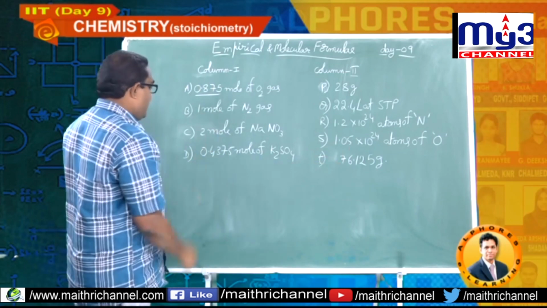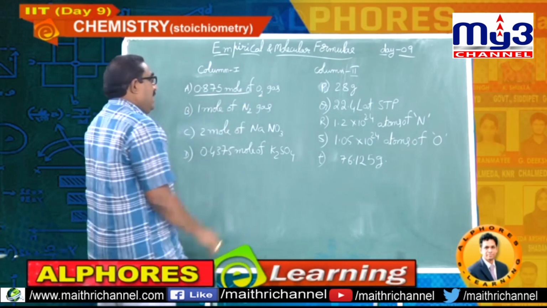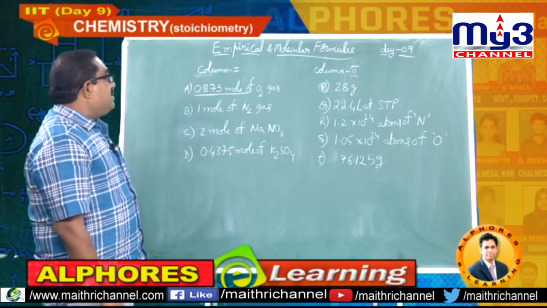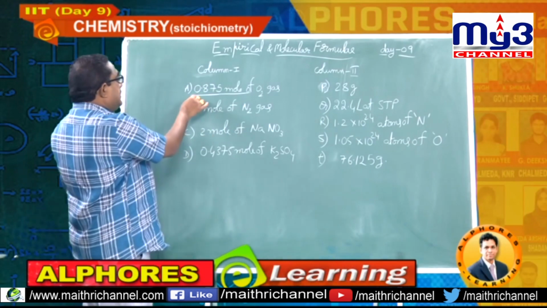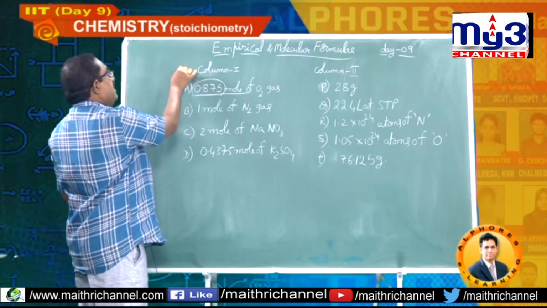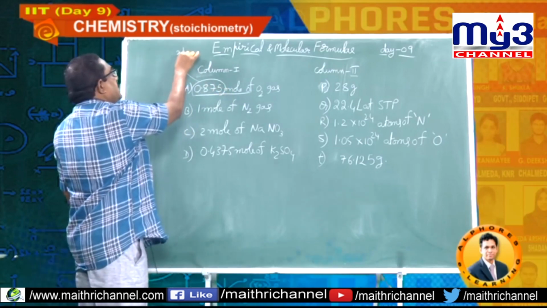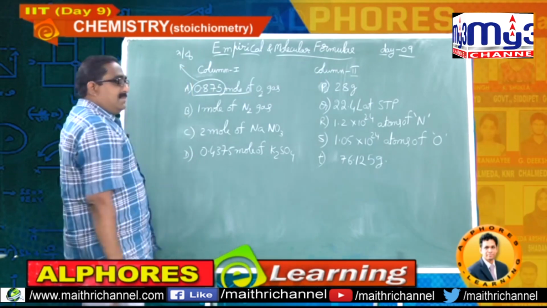Let me evaluate the solution of this question. Now, let me take first of all A present in column 1, 0.875 mole of oxygen gas. I am converting this 0.875, simply it is nothing but 7 by 8.